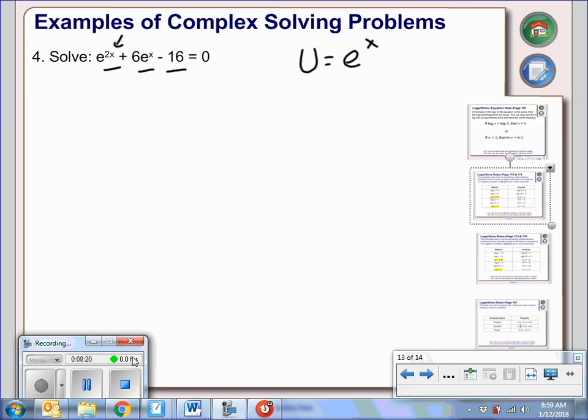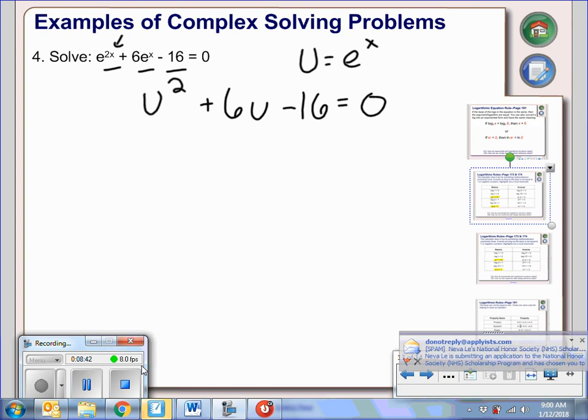So it would be u squared, because the e to the x went away, but the 2 stays there, plus 6u minus 16 equals 0. Now, again, like from Algebra 2, this looks similar to x squared plus 6x minus 16 equals 0. So I'm literally going to factor and solve like I did in Algebra 2.